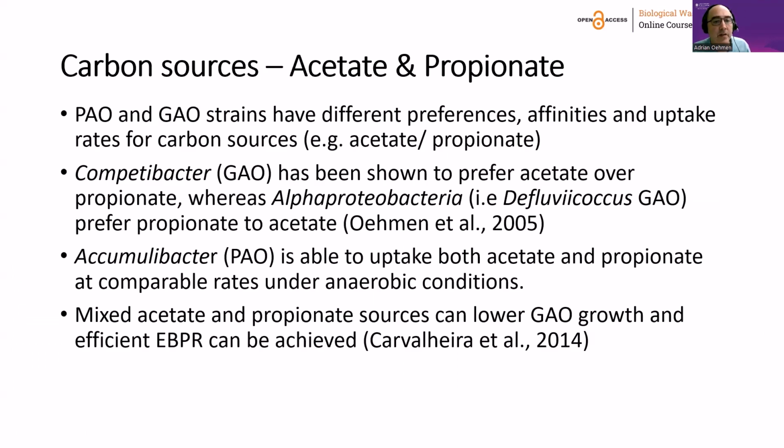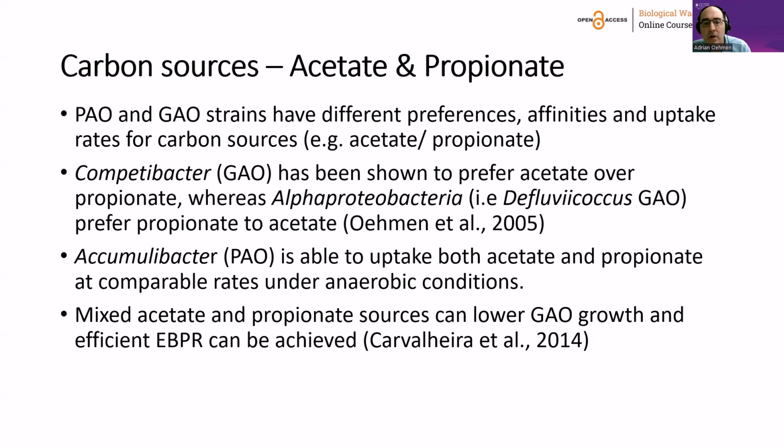It's been found that Candidatus Competibacter has a clear preference for the uptake of acetate over propionate, whereas Defluviicoccus GAOs, which belong to the Alphaproteobacteria, and this was a study of mine from 2005, were shown to have a clear preference for propionate as compared to acetate.